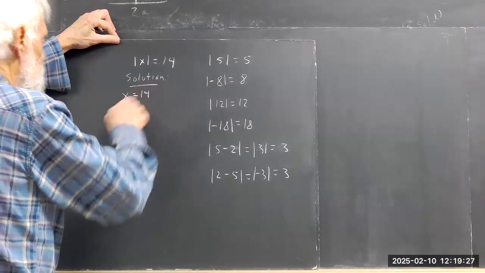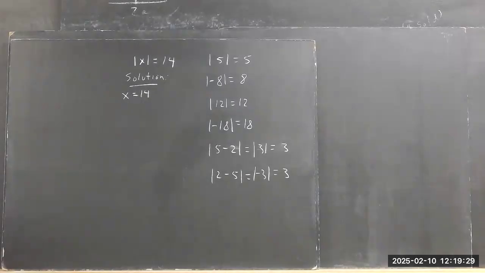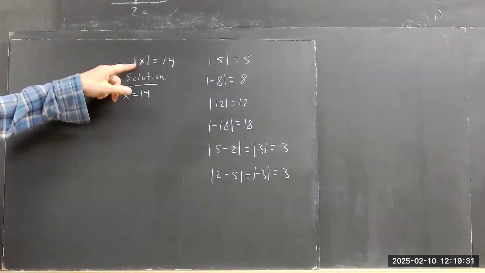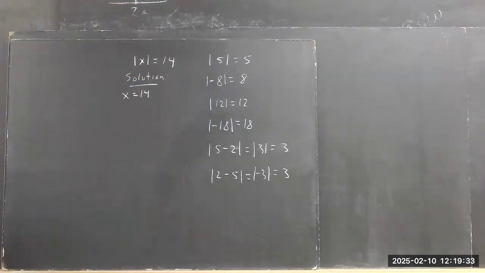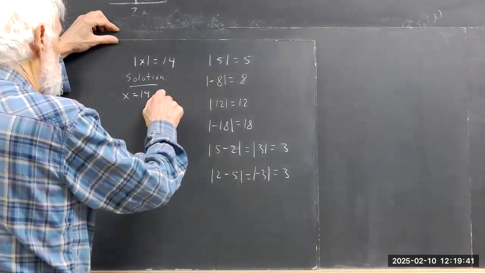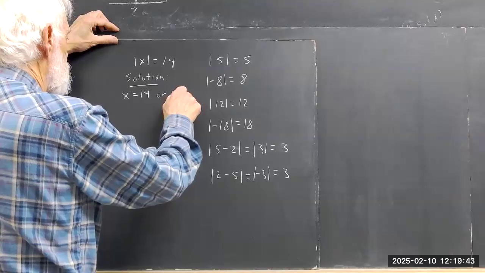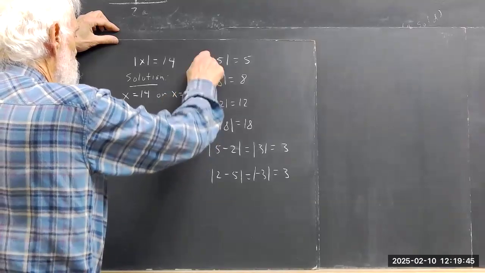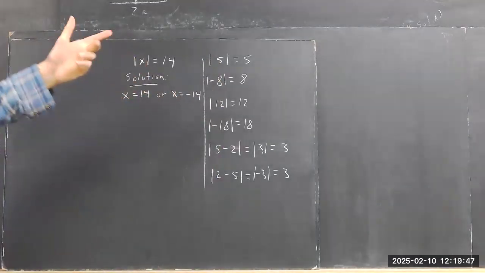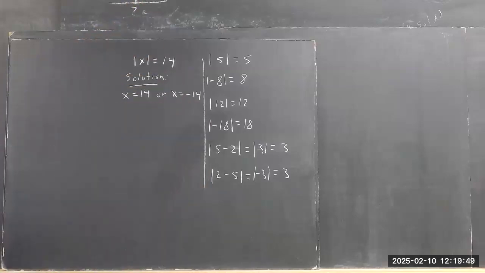One solution is x equals 14, right? If you replace x with 14, you get 14 equals 14. And there's another solution: -14. The absolute value of -14 would be 14, right? So there are 2 solutions.